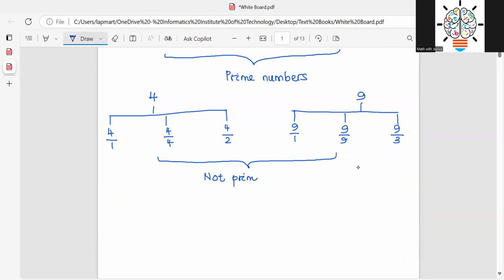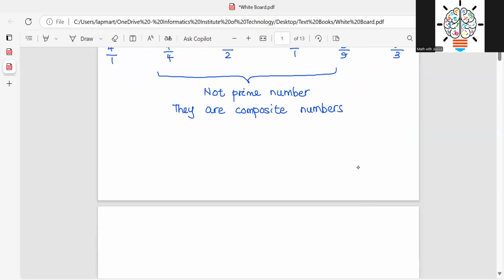They are composite numbers. Composite numbers. That means they have more than two factors, so we do have many factors, right? Right. So then we'll move to the next subtopic.